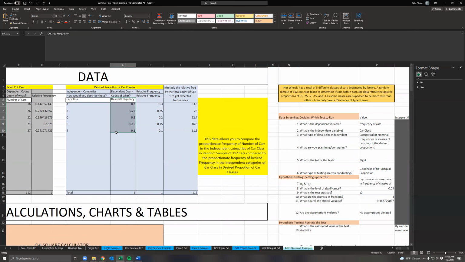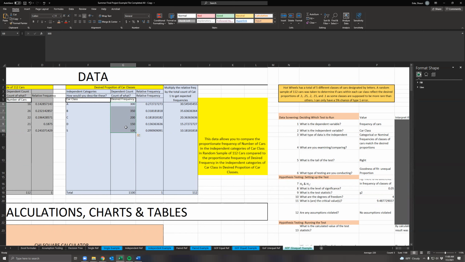So like I said, we have the desired frequencies, which I have listed as 0.3, 25%, 20%, 15%. These are the proportions. They're already the relative frequency, or you could look at it as 300, 250, 200, 150, and 100. And it's the exact same thing. Right, I just had it as the proportions.